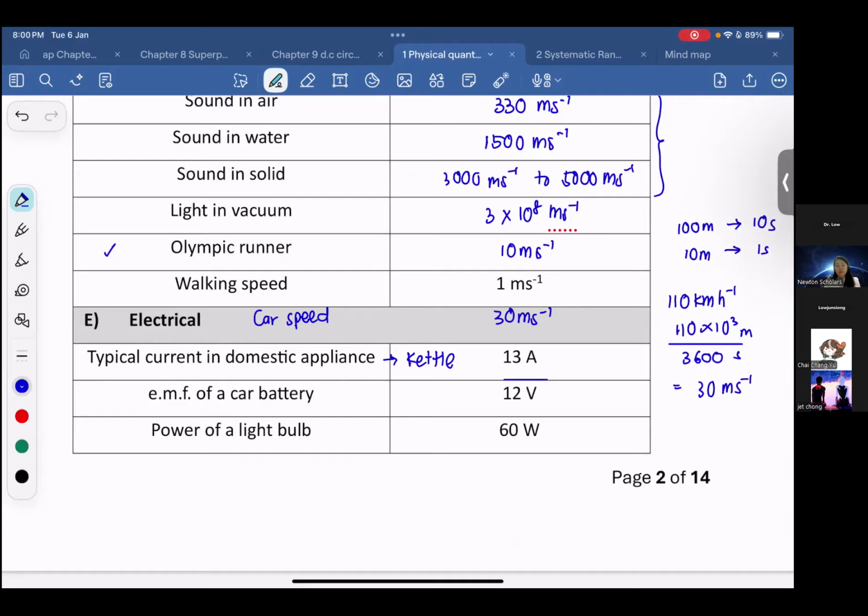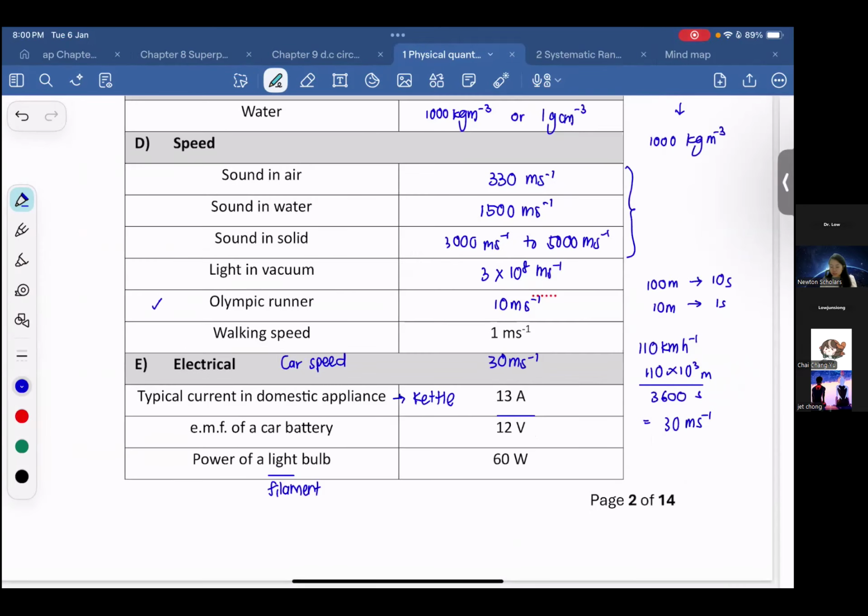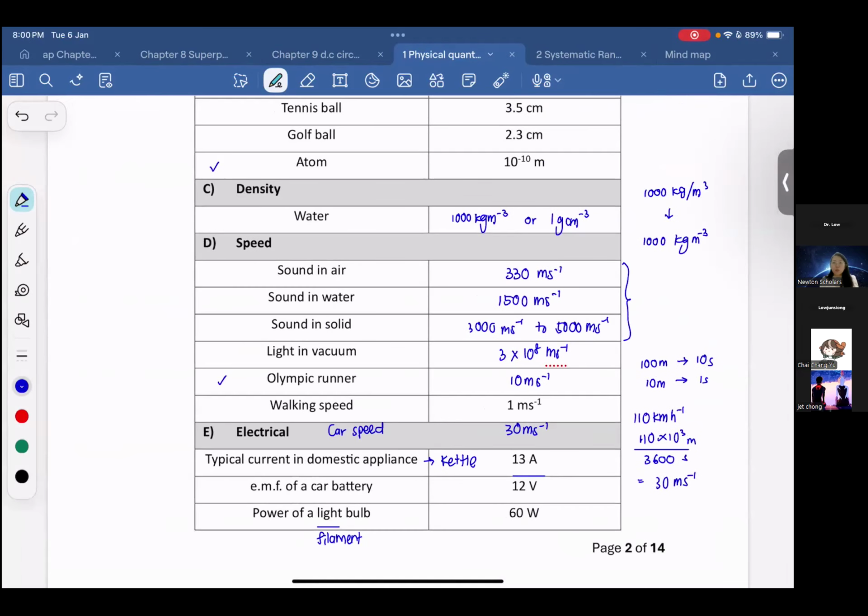Power of a light bulb is roughly 60 watt. This light bulb here is talking about a filament. If LED, it will be less than this value. All these we estimate. Not predict, it's called estimate. Estimate the value, and then we can find out which one is the sensible answer.